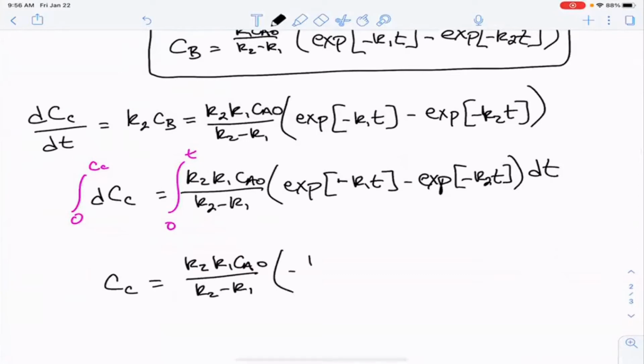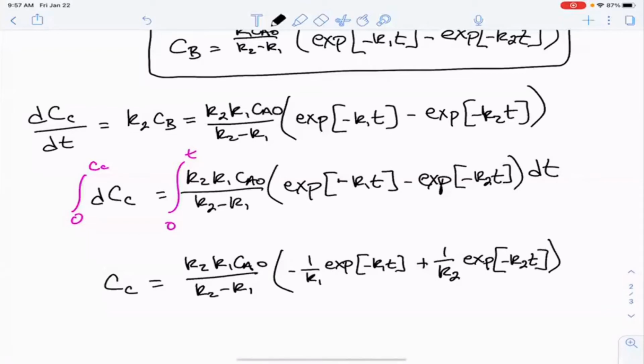Well, that's just minus 1 over K1 times the exponent of minus K1t minus 1 over minus K2. So that's plus 1 over K2 times the exponent of minus K2t. And that's evaluated from 0 to t. Okay.